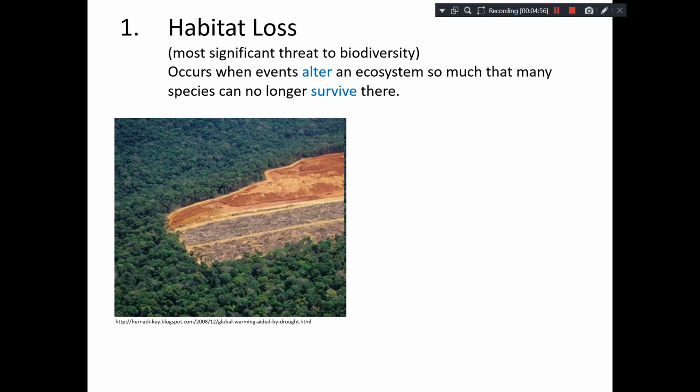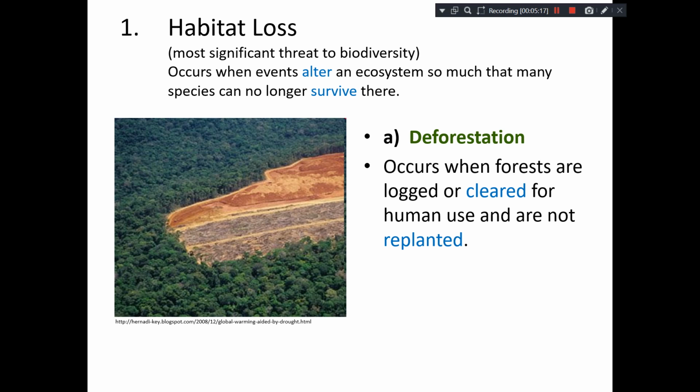So that's why the habitat becomes very very important, and the loss of habitat is irreversible most of the time. Already we have discussed fragmentation and all those things, and this is directly related to biodiversity.